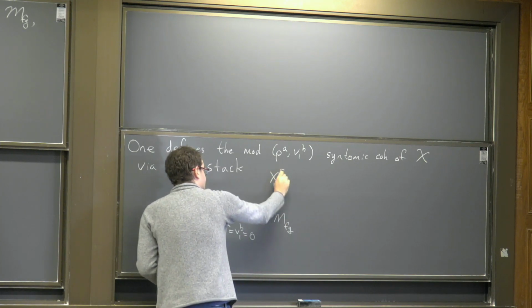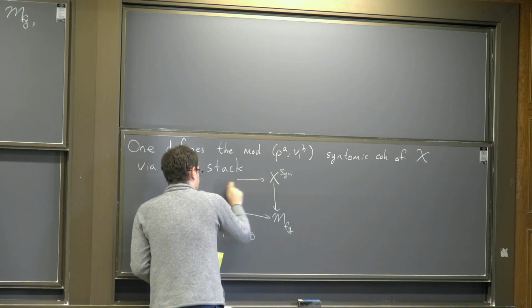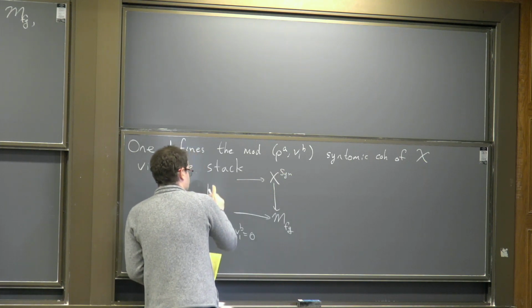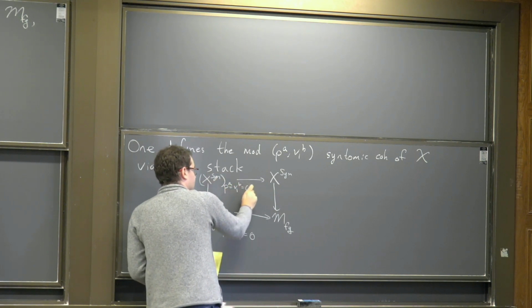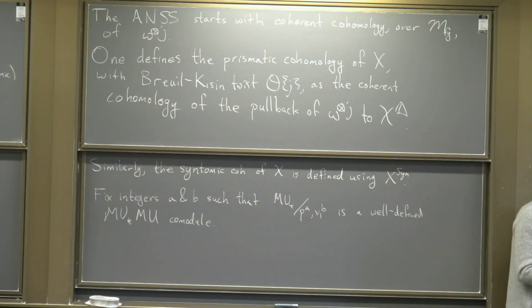Here I have my X syn, and then I just take a pullback. I write here X syn at p to the a equals v1 to the b equals 0. So then I can continue to just pull these omega tensor j back to here, and that's going to define syntomic cohomology, now not with coefficients in Z_p, but with coefficients mod p to the a, v1 to the b.